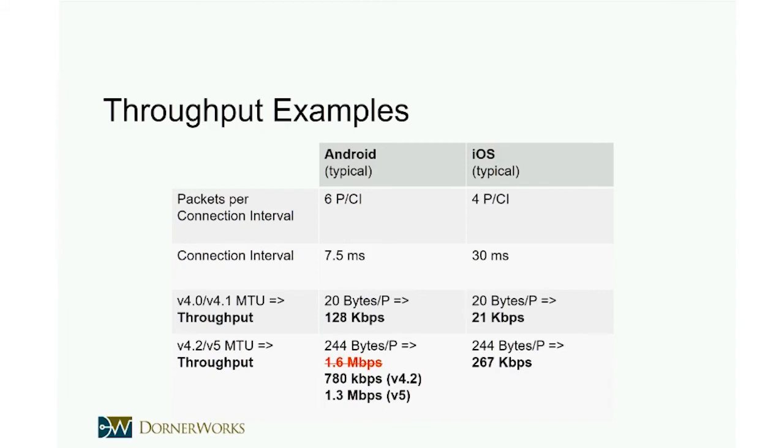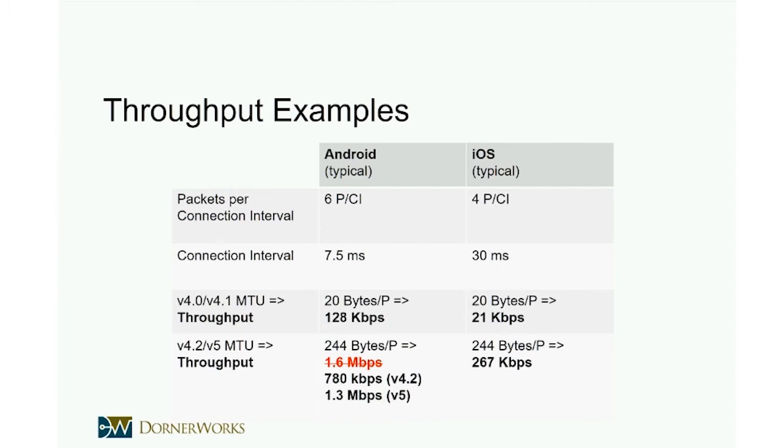But if you're using a 1 megabit PHY, it is physically impossible to send that many bytes in that amount of time. So in version 4.2, really, you could only send 3 packets per connection interval if you were sending 244 bytes a packet, which limits your throughput to 780 kilobits a second.